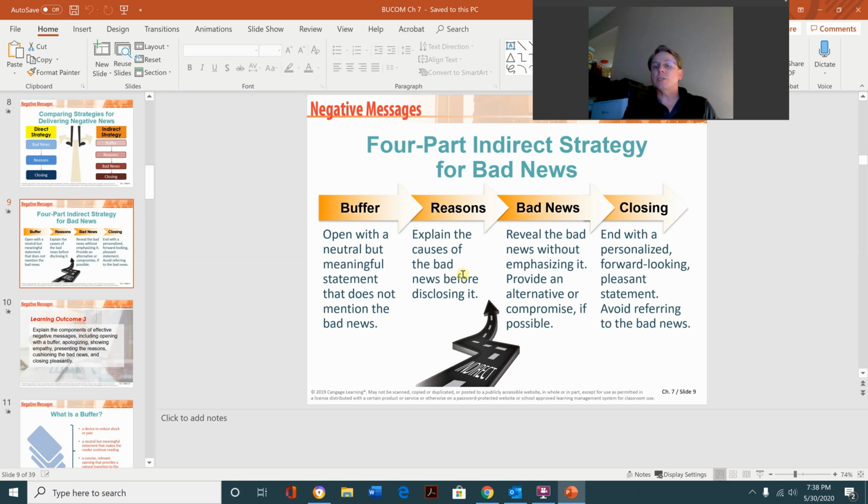Then you kind of bridge into what's going on that causes the bad news. Then you reveal the bad news and provide an alternative or compromise if possible. Then closing: end with a personalized, forward-looking, pleasant statement, and avoid referring to the bad news.